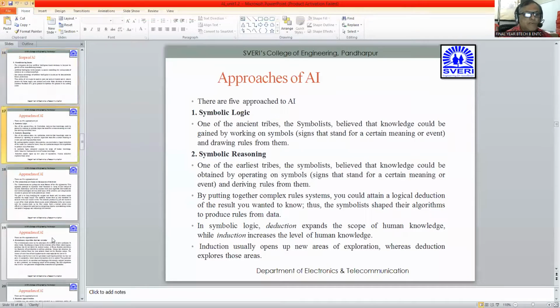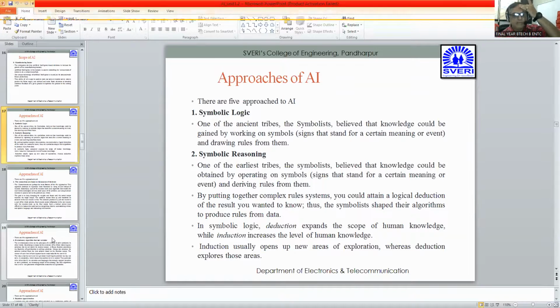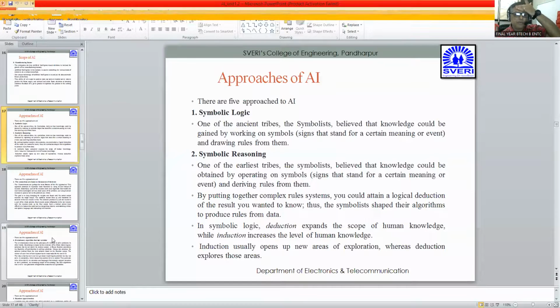So once again, we'll revise this: the approaches of AI. We have seen symbolic logic. The symbol is nothing but the sign that stands for certain meaning or events. Then symbolic reasoning. As far as reasoning is concerned, there is a part of deduction and induction. Deduction expands the scope of human knowledge, whereas induction increases the level of human knowledge.